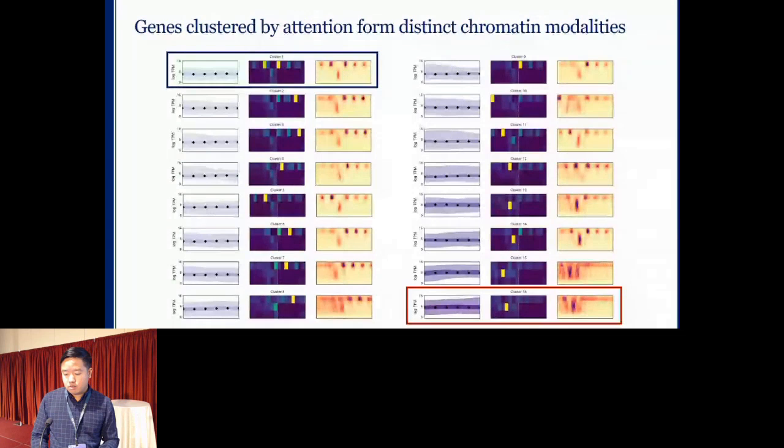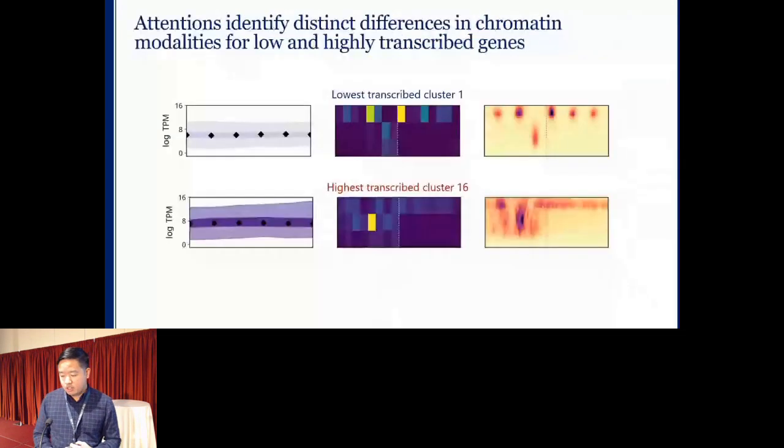So looking at the lowly and highly transcribed clusters, we can see that in the case of lowly transcribed genes, the +1 and -1 nucleosomes are most informative in the prediction, while in highly transcribed genes, there is a very specific position in the promoter that has the small fragments enriched.